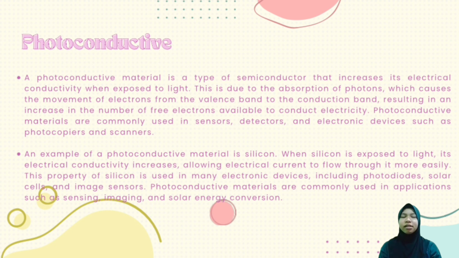Photoconductive is a type of semiconductor that increases its electrical conductivity when exposed to light. This is due to the absorption of photons, which causes the movement of electrons from the valence band to the conduction band, resulting in an increase in the number of free electrons available to conduct electricity.